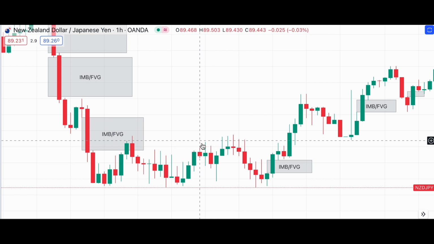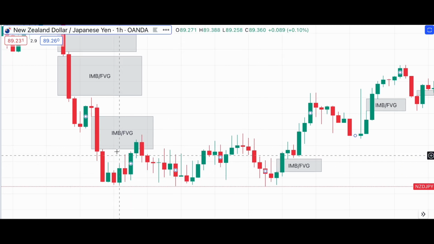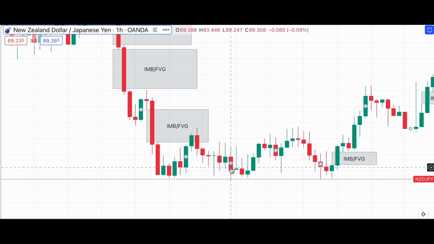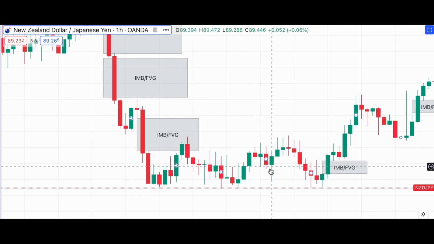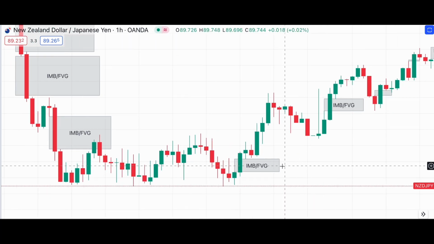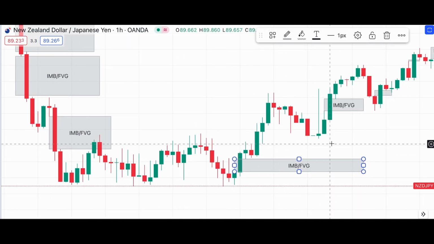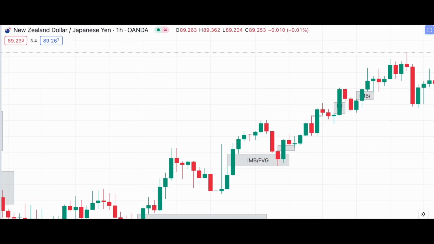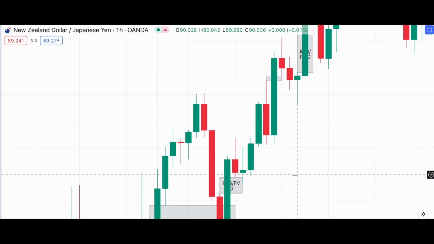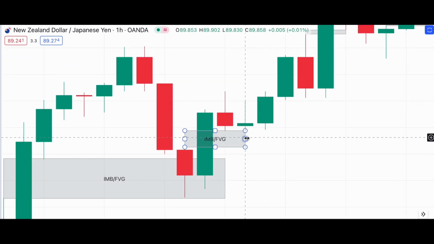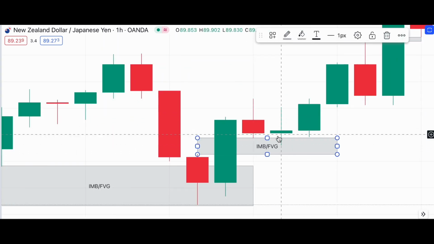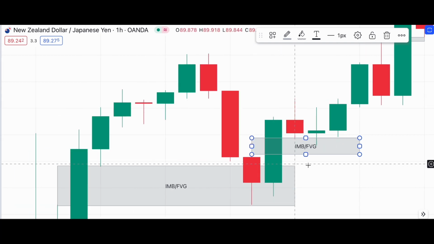When we are in the sideways, there is no imbalance in between because for each candle you can see all is mitigated. And right here, this is the unmitigated imbalance. This imbalance was mitigated, and right here, for these A, B, C candles, there is an imbalance as well, but it has been partially filled by these candles.